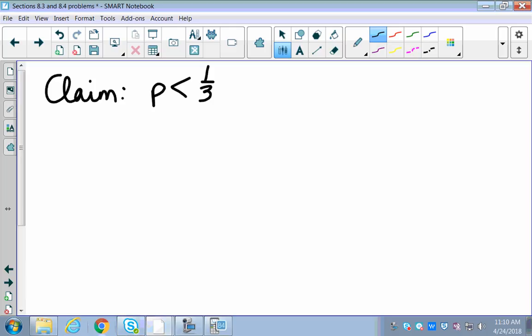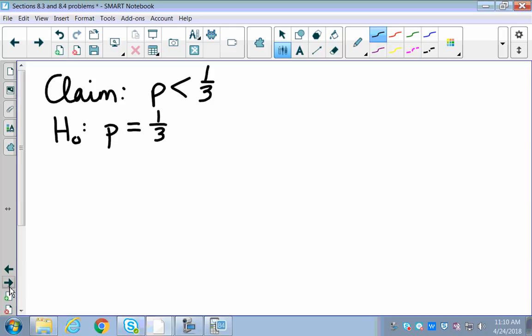So that's my claim. Once I have my claim, I'm then ready to write my null hypothesis. This one is a no-brainer, right? Because my null hypothesis can only have equality. So my null hypothesis is P is equal to one-third.